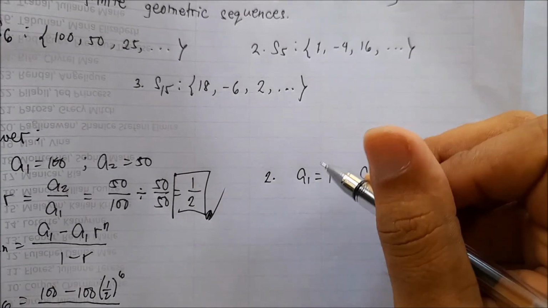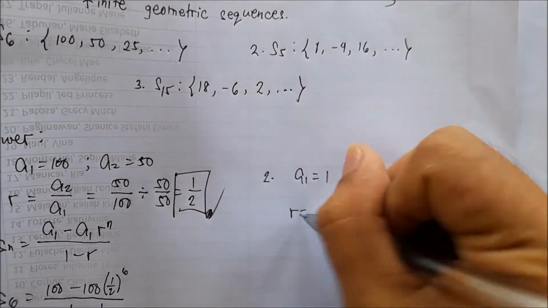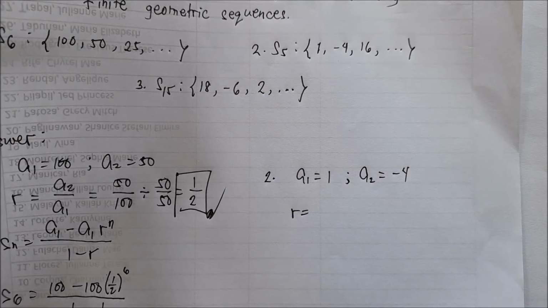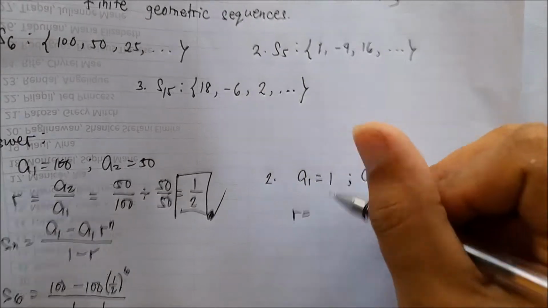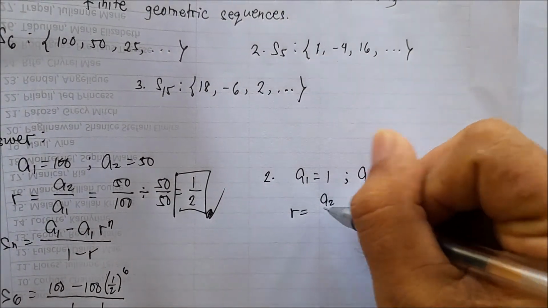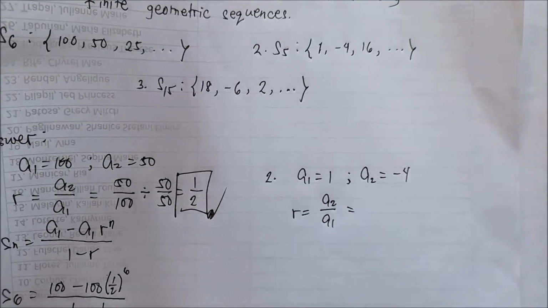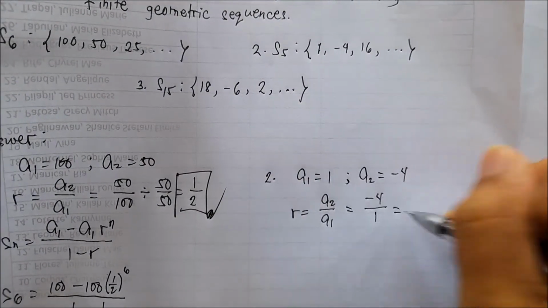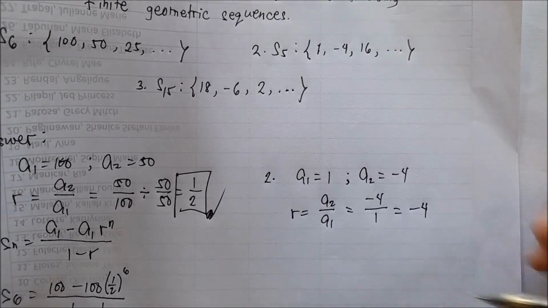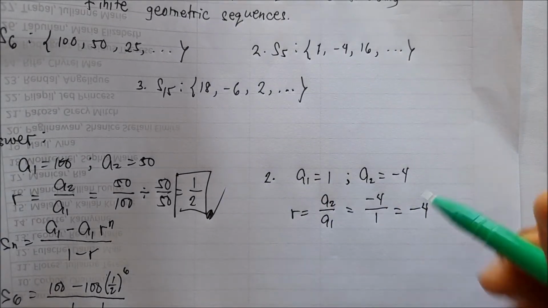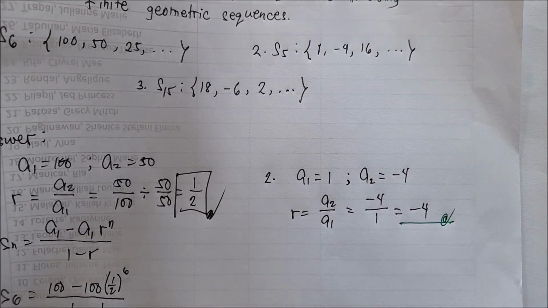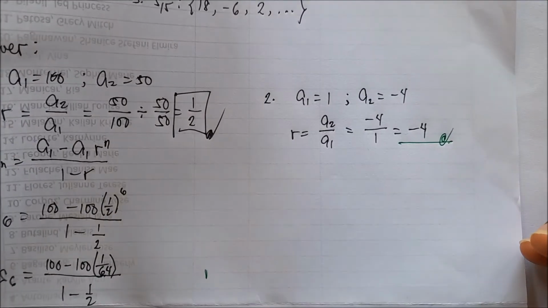Then find the ratio, which is to divide the second term by the first term. a sub 2 over a sub 1. Negative 4 divided by 1 is equal to negative 4. So the value of the ratio is negative 4.